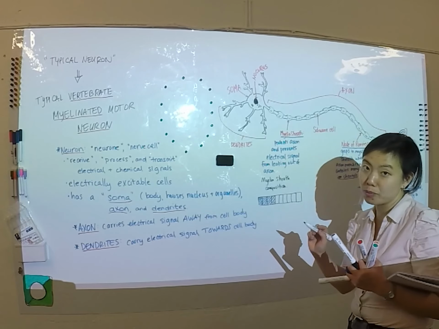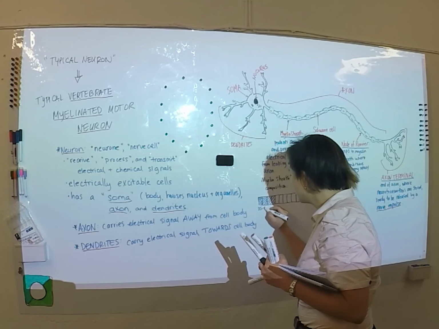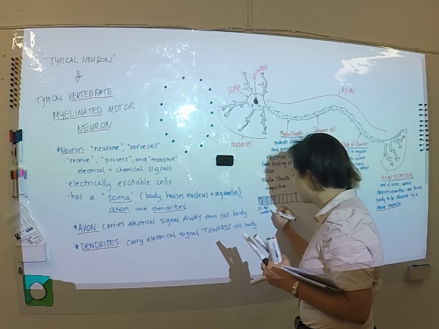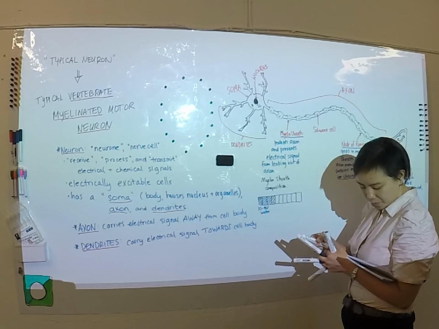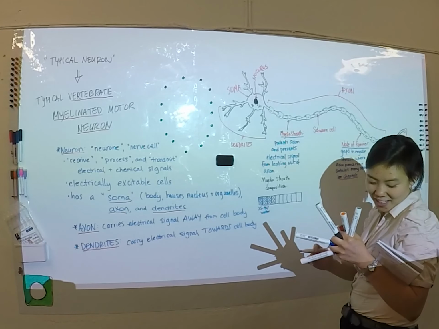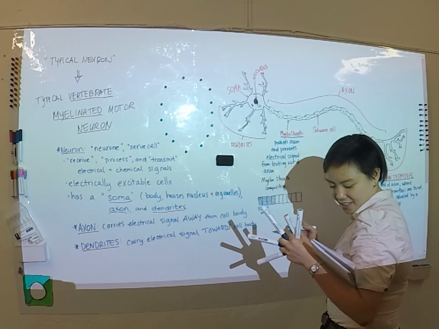So 4 of the boxes have been filled. 25 to 40% water. Okay? Then it is between 60 to 75% lipids. So it's mostly fat. Okay?